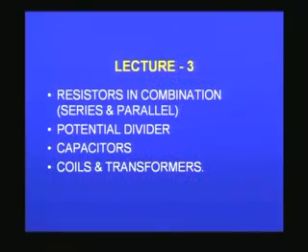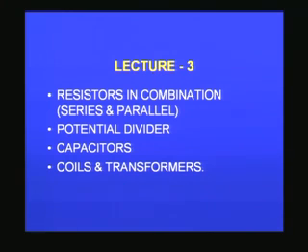Today in this lecture we will look at the combination of resistors, how resistors can be combined to obtain different values, as well as how to divide a given voltage source to any required magnitude by using a couple of resistors, which is called a potential divider because it divides a potential.